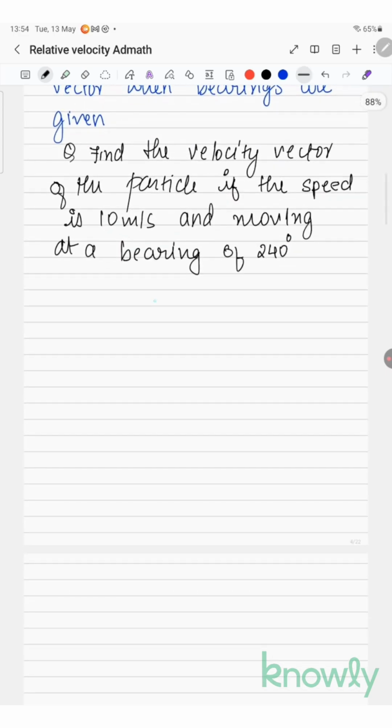So what should I do with this? Again I will draw the direction. But this time I only need the north pole. I don't need the rest of the directions, because bearing is always measured from the north pole, right? So can I say a 240 degree bearing will lie somewhere over here?